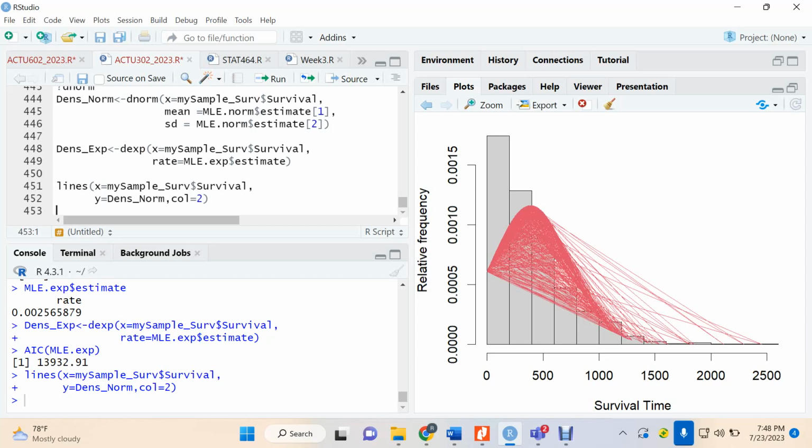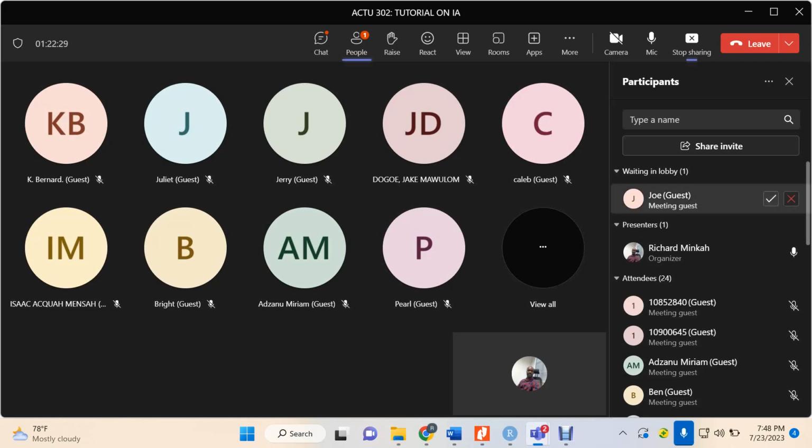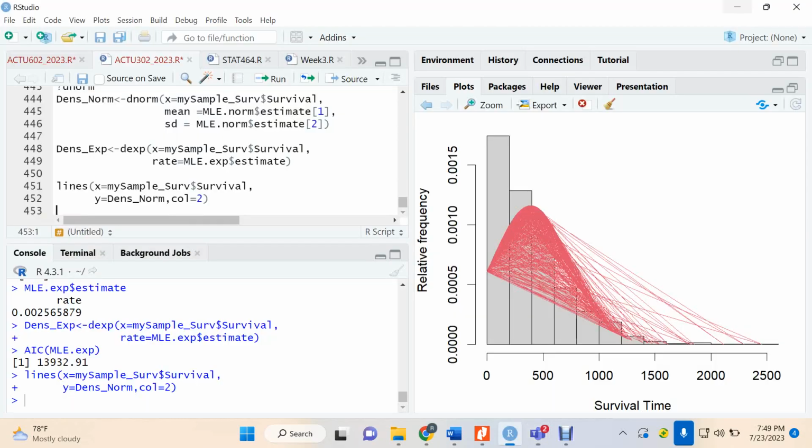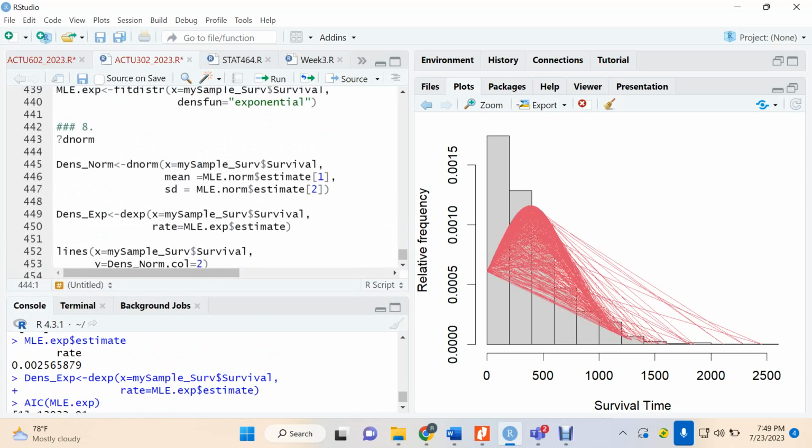Okay. Who understands why we are getting something like that? Okay, it's simple. Let me do it this way so that we avoid ranking them. You see, the sample, the survivor data is not ranked, right?